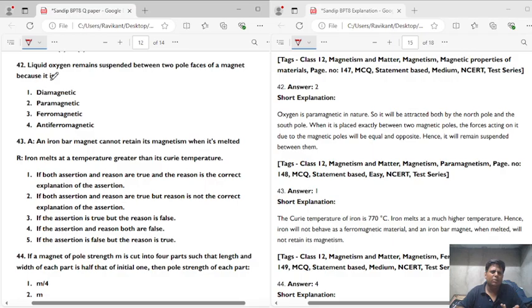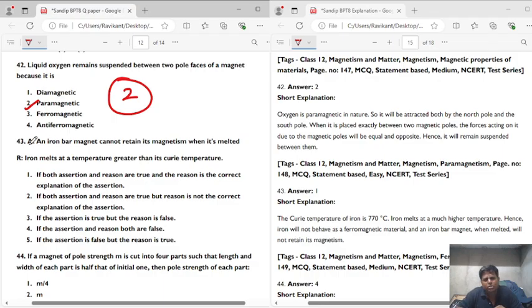So the correct answer for question number 42 is option 2, that is oxygen is paramagnetic in nature, and this is the reason for its suspension between the two poles.